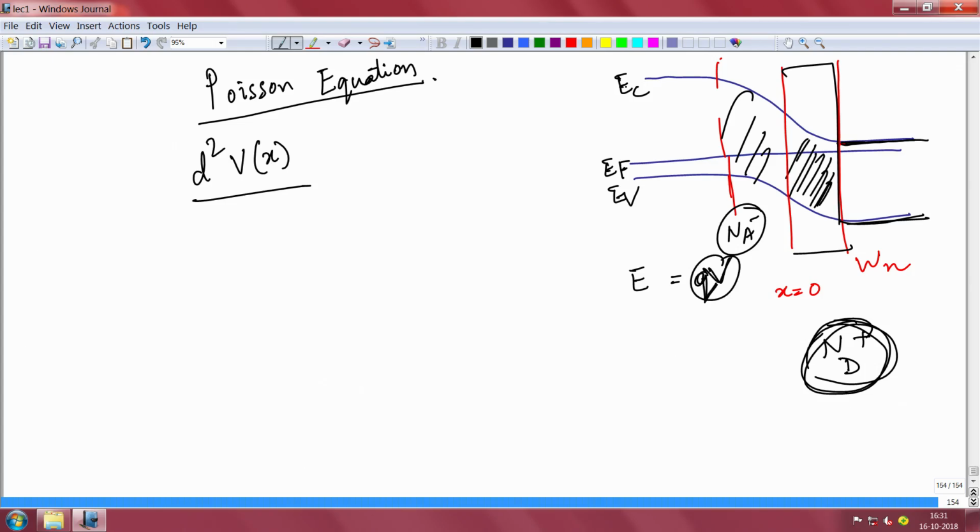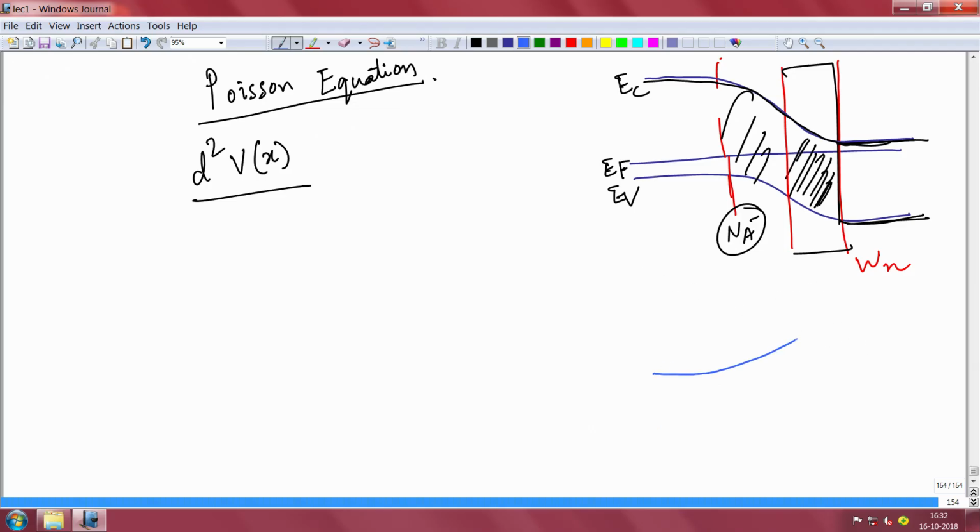So, before I come to Poisson equation, this is essentially the energy band diagram for electron energy. The potential will look opposite to that, somehow in a mirror image. So, it will look like this, which means this side is a higher potential.